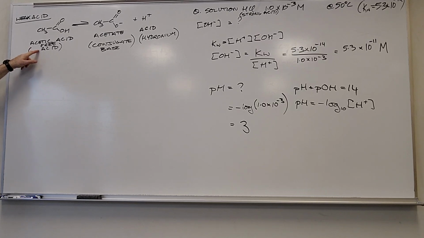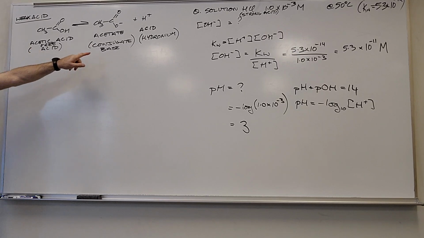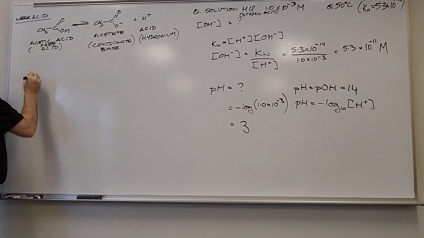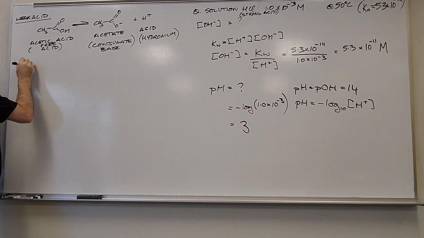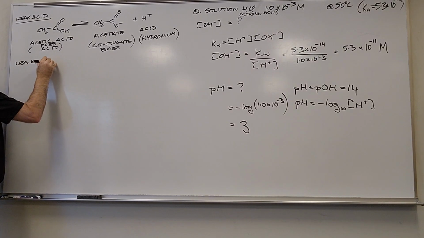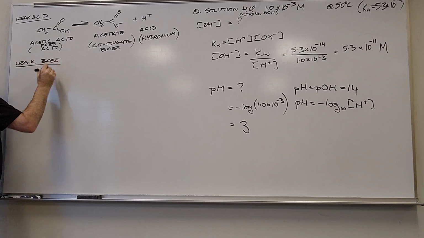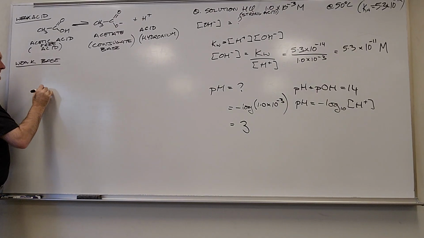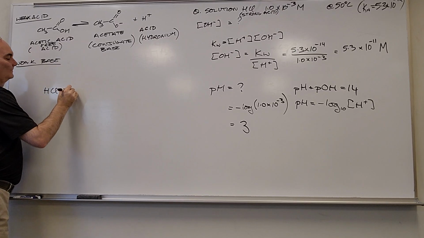People still say it, but it's not going into the textbooks anymore. So acid and base are paired together. Wait, Dr. McGuire, are you saying that one is more of an acid than that one is? The hydronium is more of an acid.